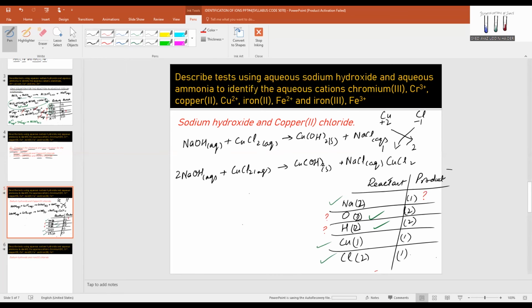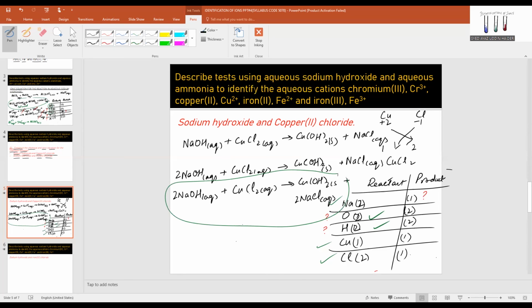So what if I put 2 before NaCl on the product side? The equation becomes like this: 2NaOH aqueous plus CuCl2 aqueous gives Cu(OH)2 solid plus 2NaCl aqueous. If you count the number of atoms, each atom is balanced in this.